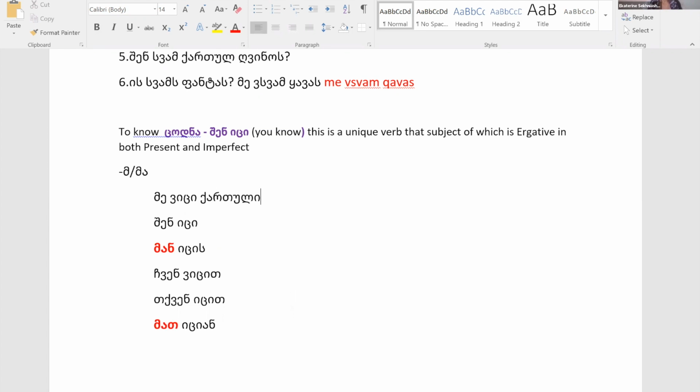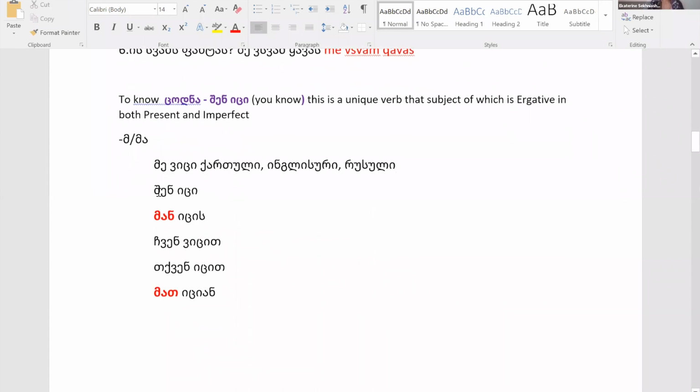Me vitsi kartuli. Me vitsi inglisuri, me vitsi rusuli. Shen itsi, Tomek. Shen ra ena itsi. What languages? Ra ena itsi shen.